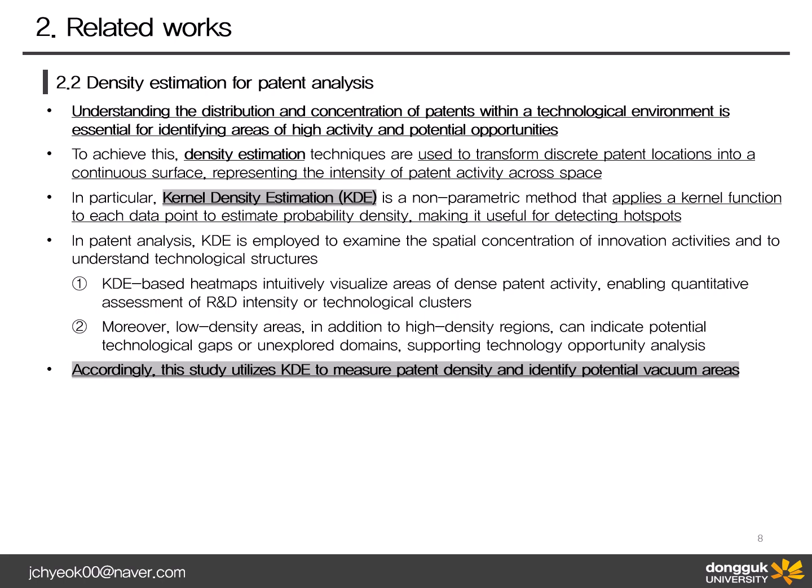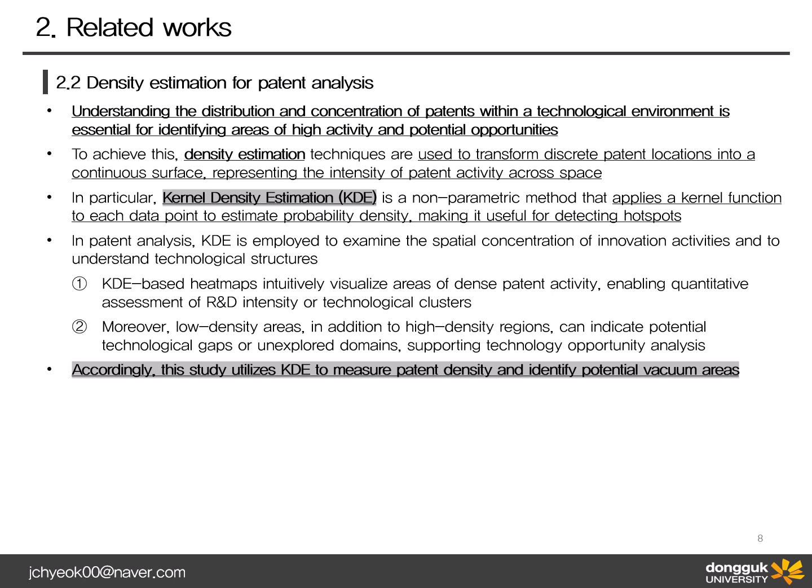Understanding the spatial distribution and concentration of patents within a technological domain is essential for identifying both active research areas and potential opportunities. To achieve this, density estimation techniques are employed to transform discrete patent locations into a continuous space, representing the overall intensity of patent activity.